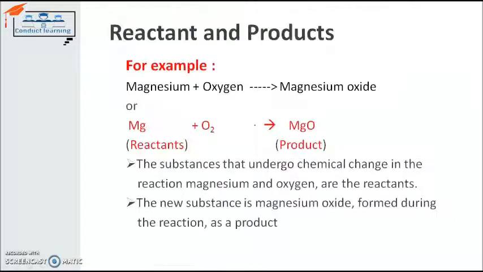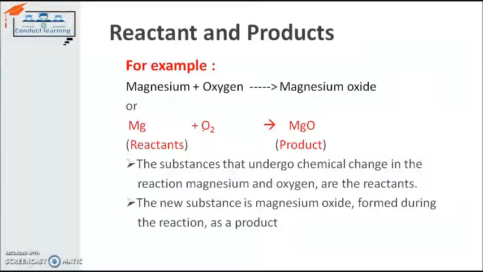As you can see in this equation, magnesium has one atom, and oxygen has two atoms. So on the left-hand side we count the atoms for magnesium and oxygen.